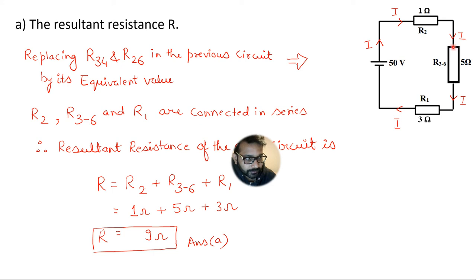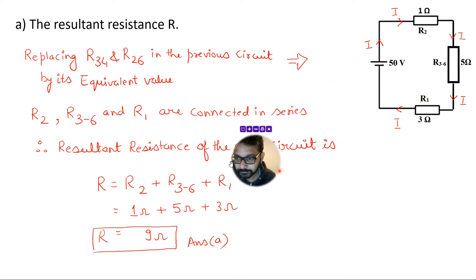So the same supply current I will flow through R36, and then again it will continue to flow through R1. So through all of them, R2, R36 and R1, the same current is flowing. So they are connected in series.